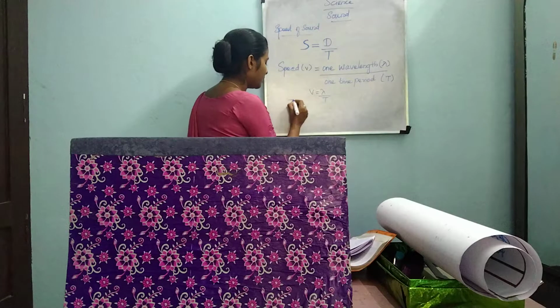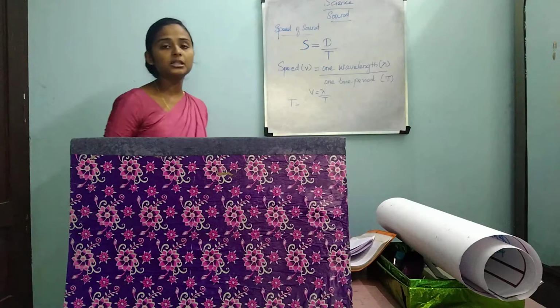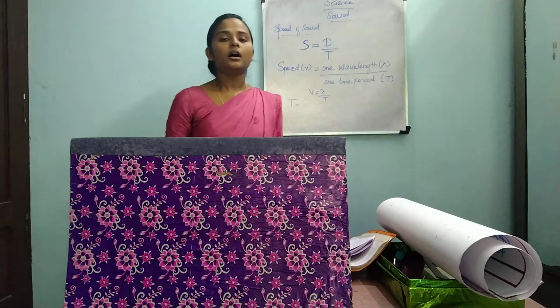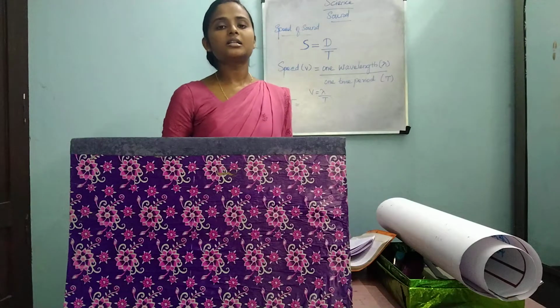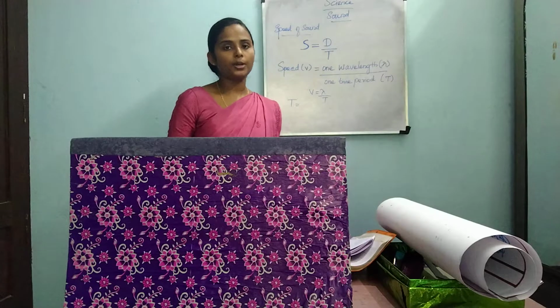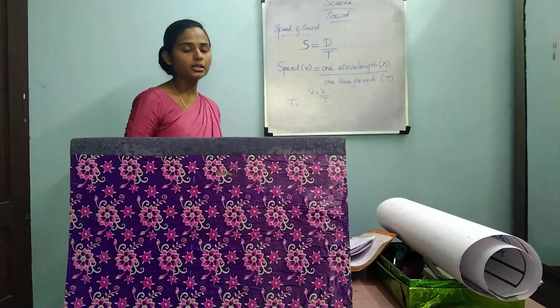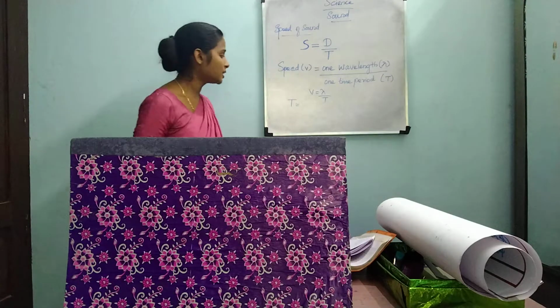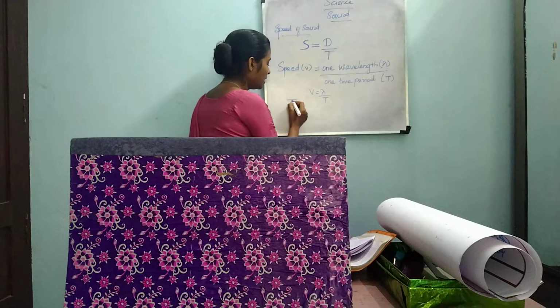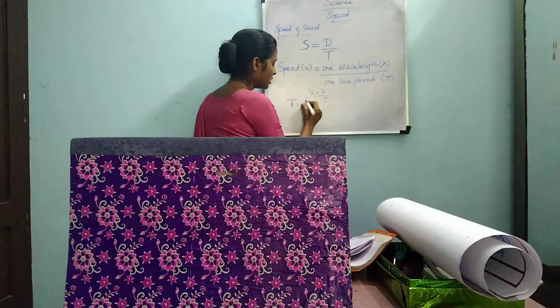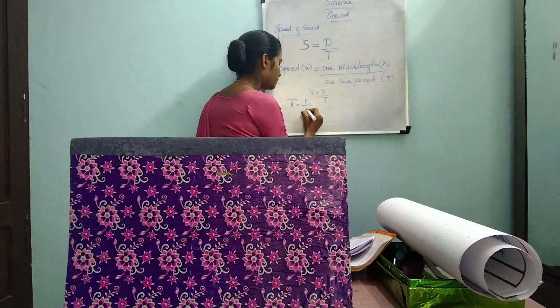We have seen earlier that frequency and time period are reciprocal to each other, right? Can you remember that? So if you take the time period, the formula will be 1 by n.